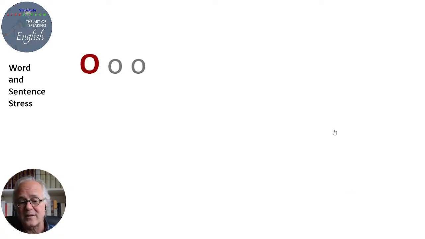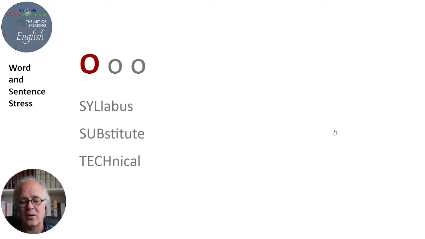Okay, let's look at this first diagram, these first three syllables, something like in the word syllabus. You see, I have the word spelled with capital letters on the stress syllable. And we can also put substitute in this group and technical.